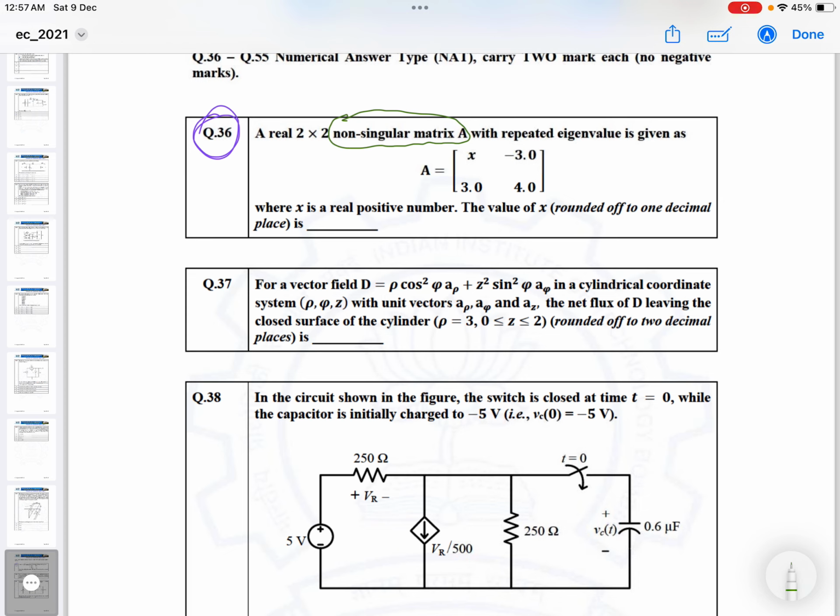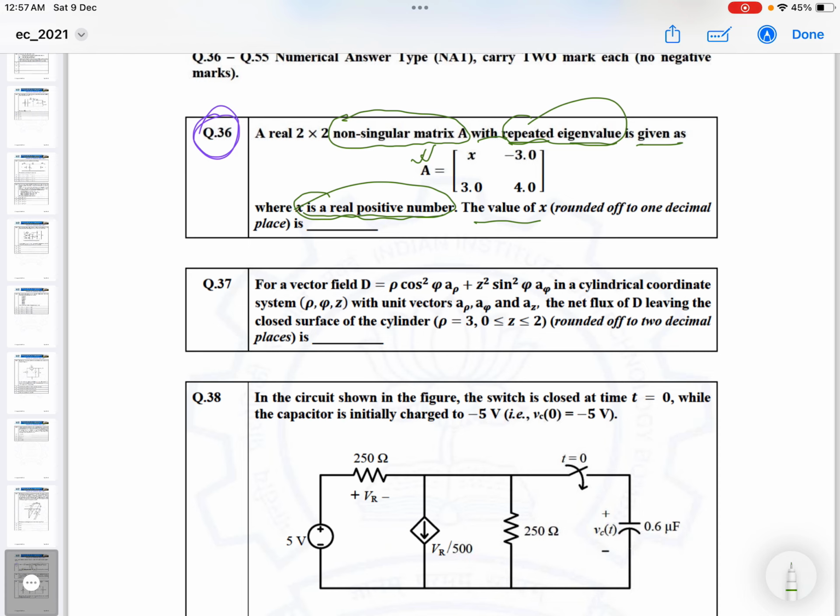Okay, so let's read the question. A real 2 by 2 non-singular matrix A with repeated eigenvalue is given as, okay, so we have a repeated eigenvalue of this matrix A where x is a real positive number. So x is a real positive number. Great. The value of x is, so it's a 2 by 2 matrix, right?